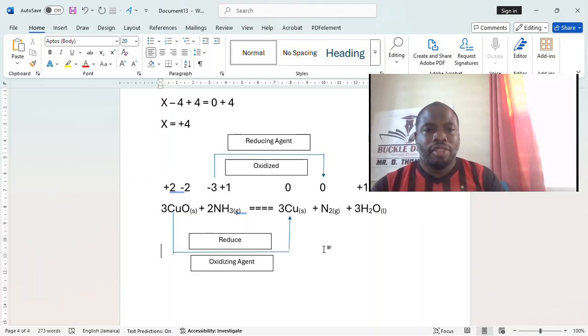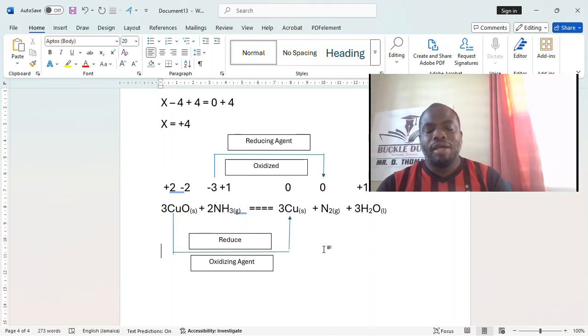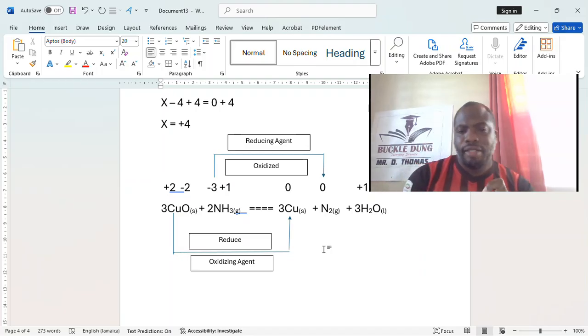So the trick you can apply is that whoever is being oxidized is actually the reducing agent. So they are the ones that are causing the reduction of the other compound.